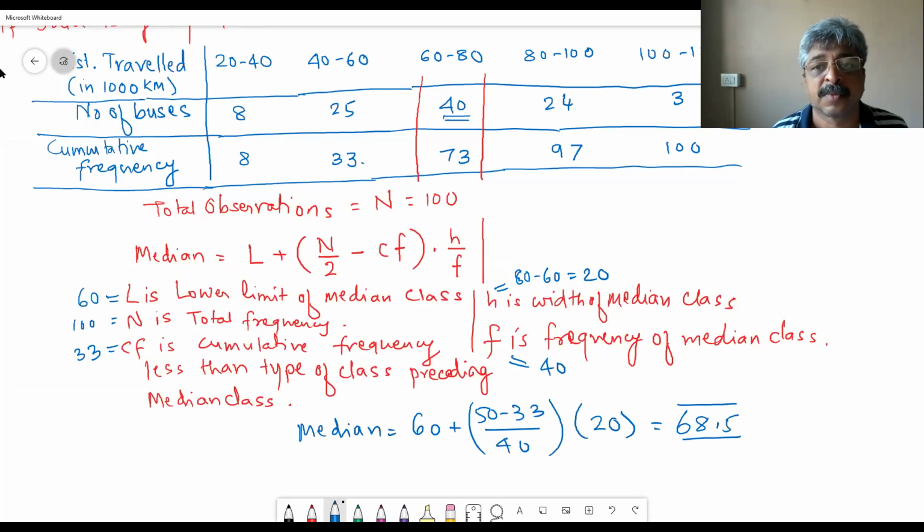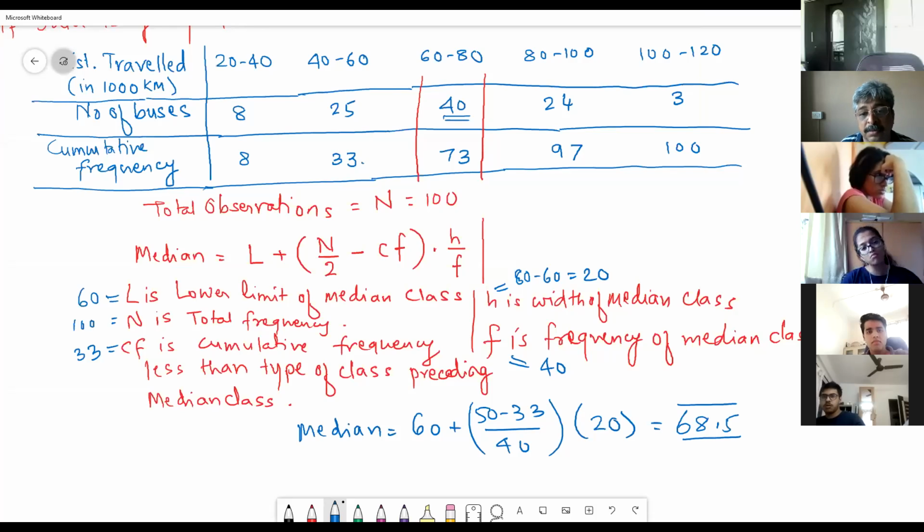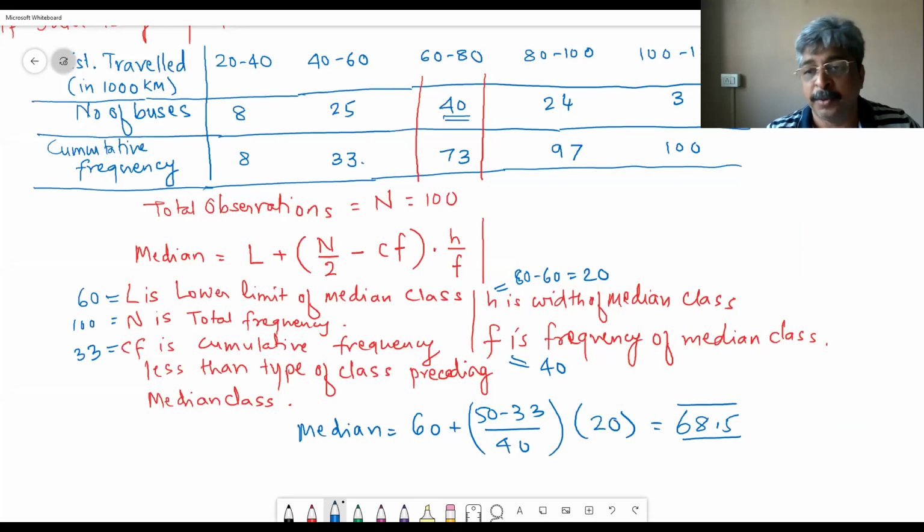Sir, if we look at the cumulative frequency, it doesn't make sense, right? Because from 60 to 80, there are already... Okay, got it. Anyway, you were right. Whether it makes sense or not does not matter, the median is calculated like this.